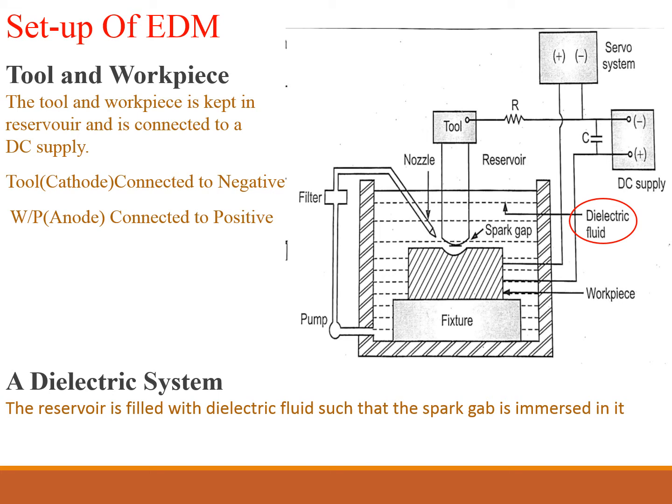The dielectric fluid is pumped at a pressure of 2 kg per centimeter square or less. We can circulate the dielectric fluid by using a pump and filter. For circulation we use a pump, and to remove metal chips we use a filter.